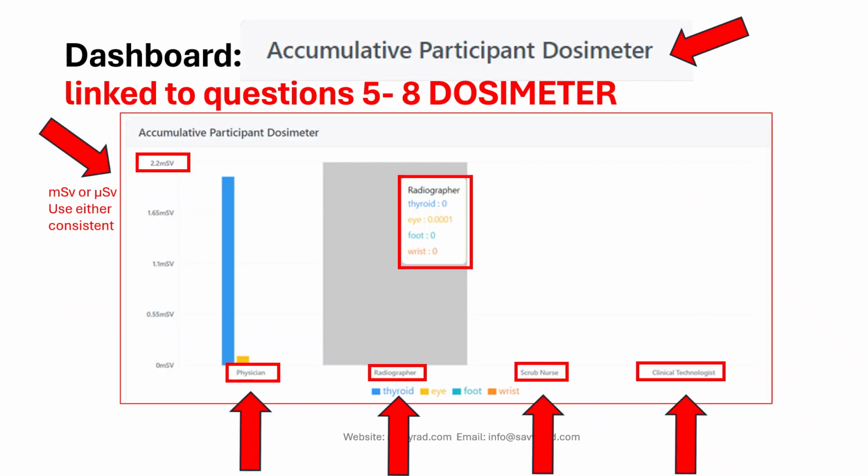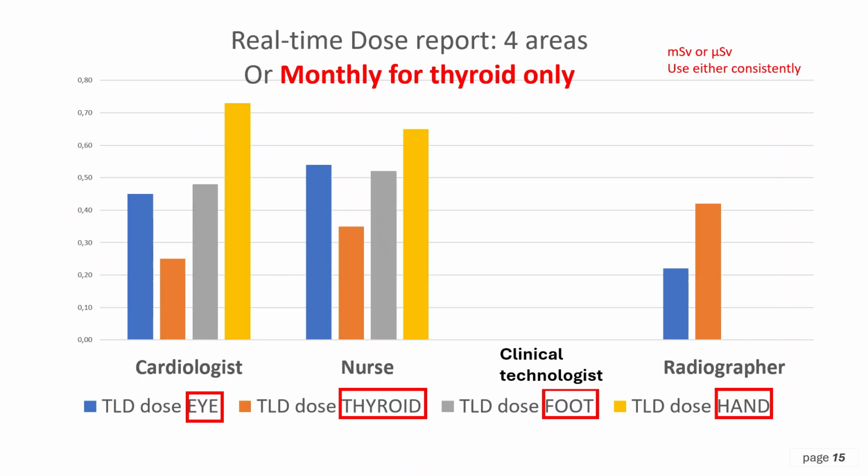The cumulative participant dosimeter is linked to questions 5 to 8 of the dosimeter questionnaire. This is what we want to see.